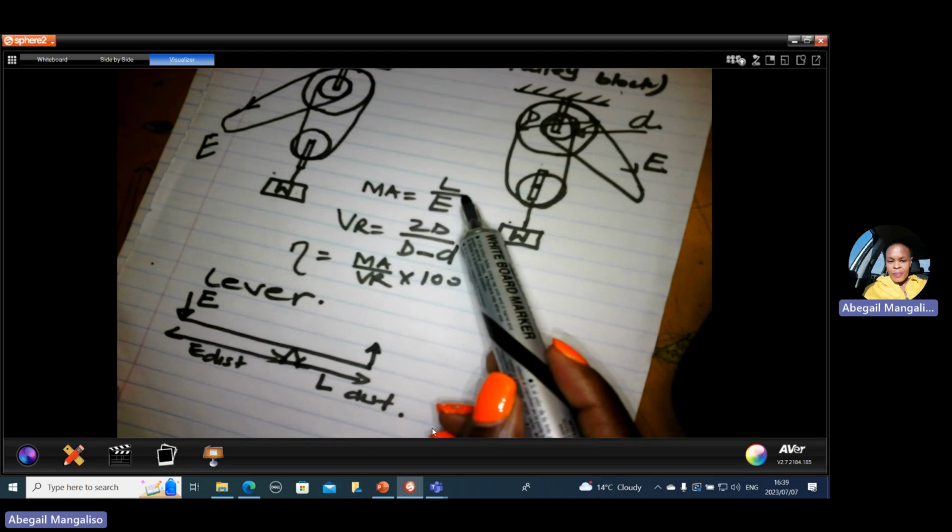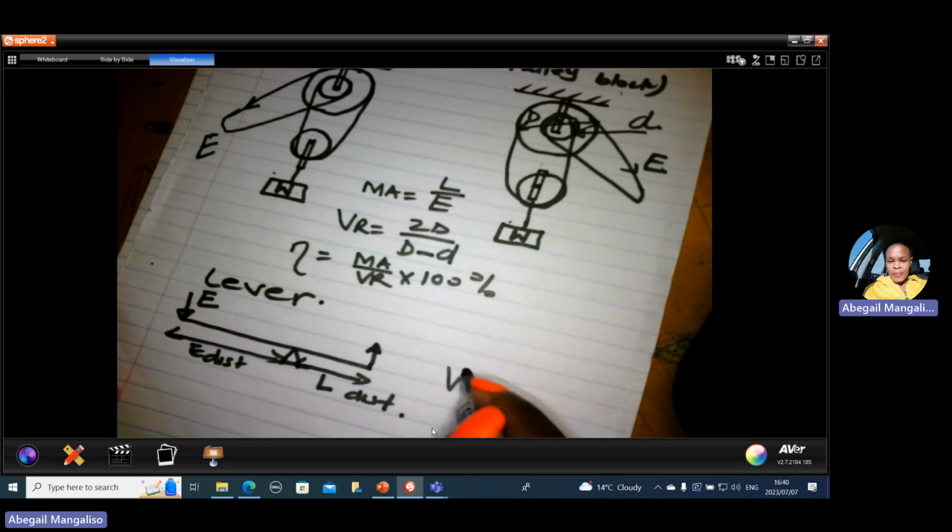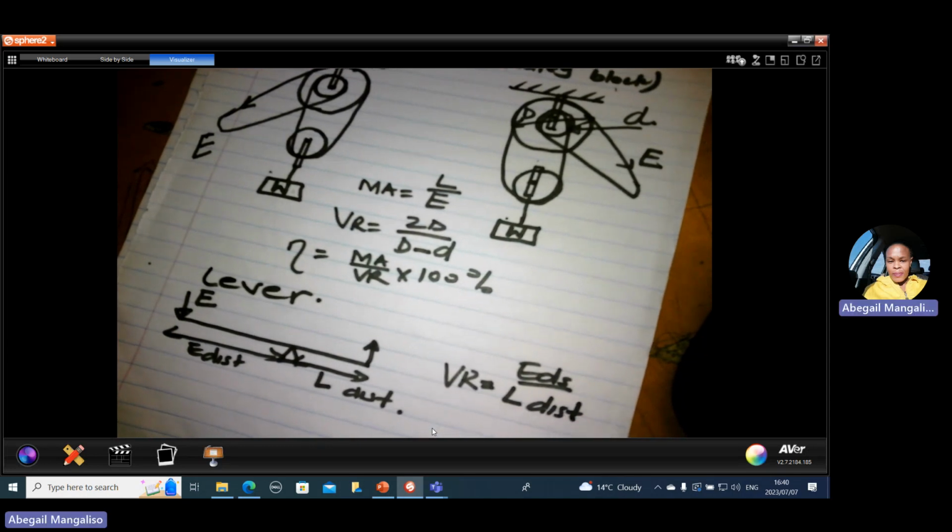Mechanical advantage, same formula. The velocity ratio of this simple lifting machine is effort distance divided by load distance. And mechanical advantage stays the same in the efficiency.